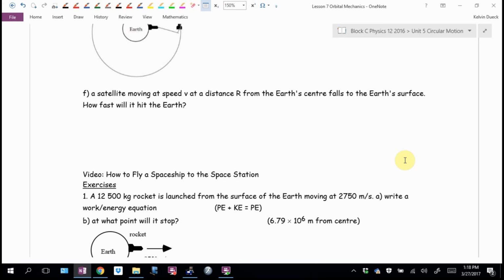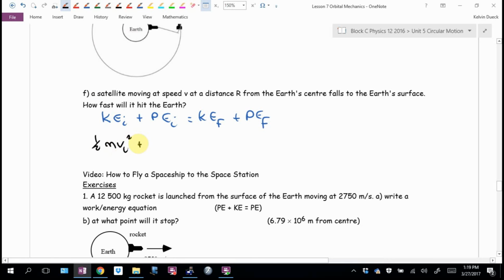Part G. It's going to look like this. KE initial plus PE initial equals KE final plus PE final. A half m v initial squared plus negative big G big M little m all over R initial.